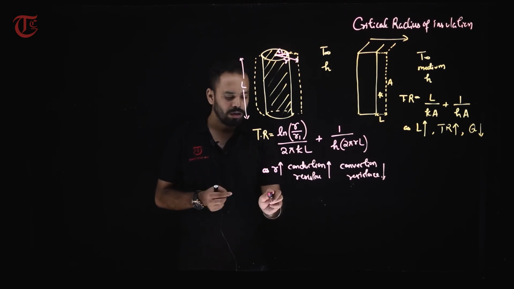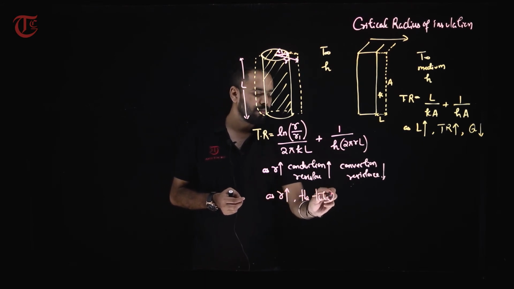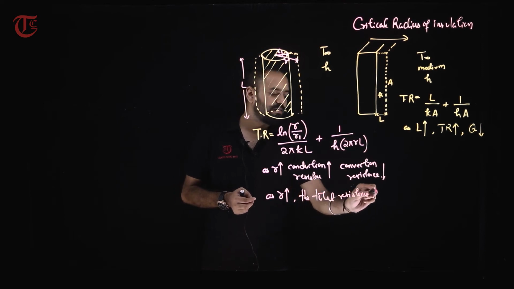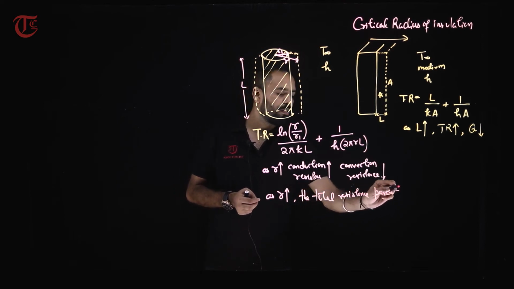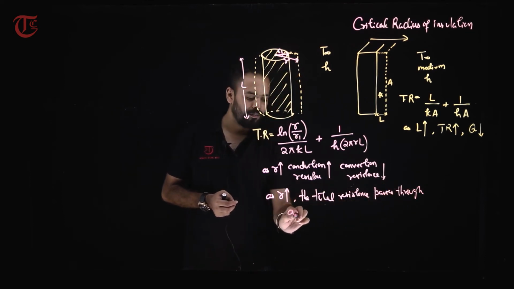If you make a plot, then as R increases, the total resistance passes through a minima.